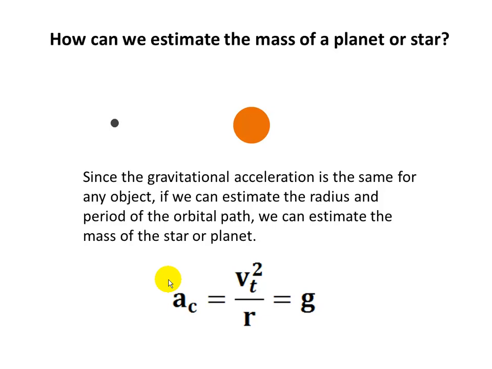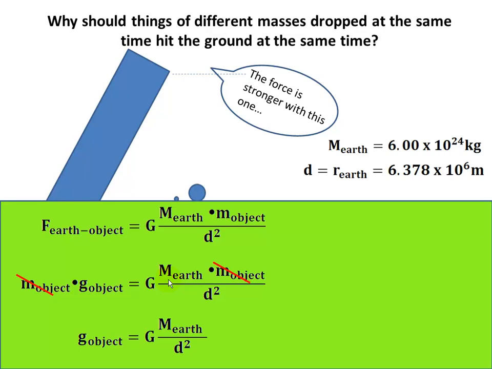In any case, someone asked, how can we estimate the mass of a planet or star? And here's your answer. Since the gravitational acceleration is the same for any object, that's what we just showed on the previous slide, right? In this case, you might be thinking the mass of the sun or a star here.